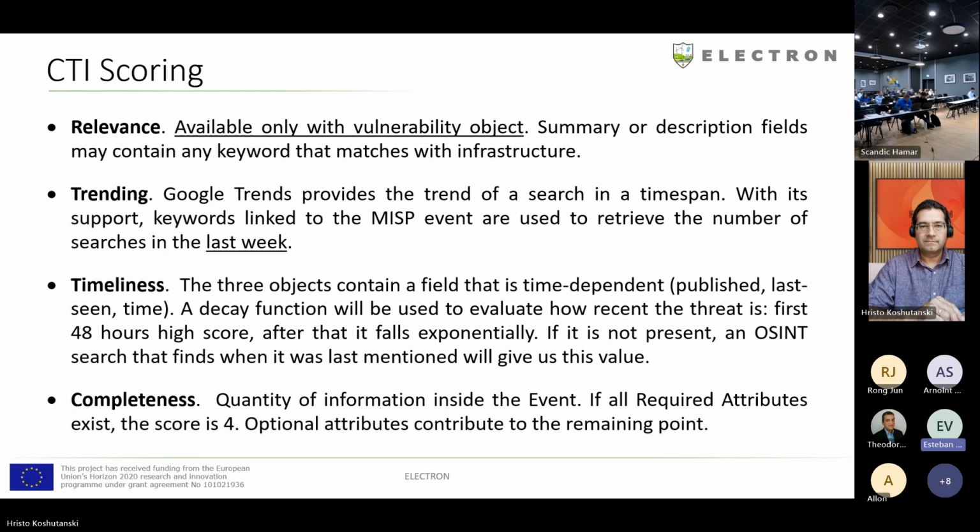Based on those attributes, we can also tailor the different scores that we want to have for particular IOCs or particular events for our own infrastructure. In that way, we can have an ad hoc score instead of having a generalized scoring for our infrastructure particularly.